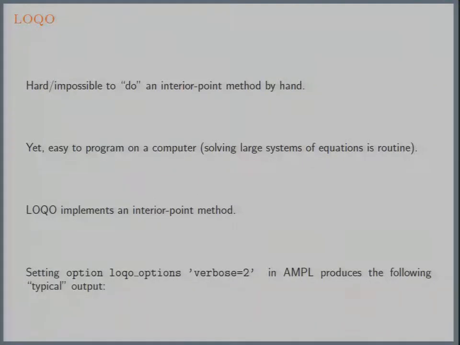And by the way, that's a practical statement from real experience. The complexity bound is that it takes square root of n iterations, which does grow with n. But in practice, it stays basically constant with n.